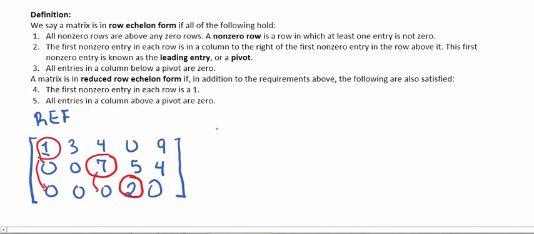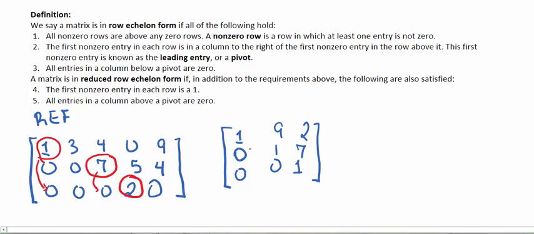Another example. 1, 0, 0, 9, 1, 0, 2, 7, 1. So once again, there's no row of zeros. My pivots are moving down and to the right, and everything below those pivots is a 0.